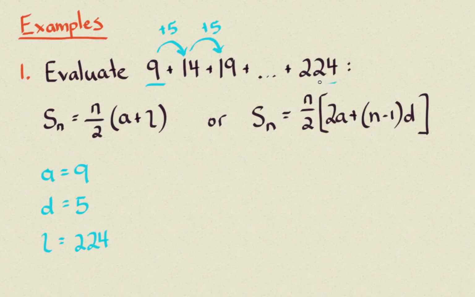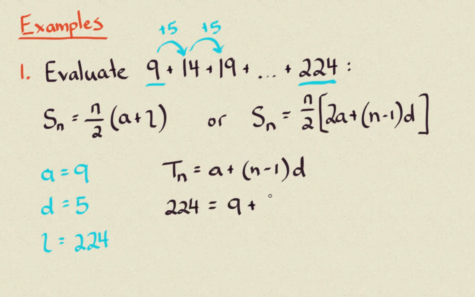Well, this last term, or nth term, we know a formula for the nth term. Tn is equal to a plus n minus 1 times d. And here we know the nth term is 224, we know a, and we know d. So we have one equation and we can solve for n. So let's substitute in the values that we know. And now let's go through the process of solving.